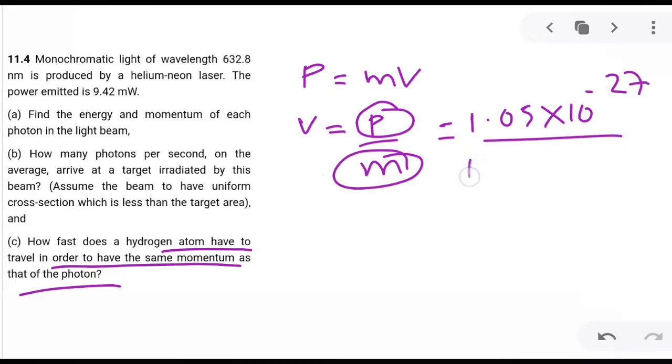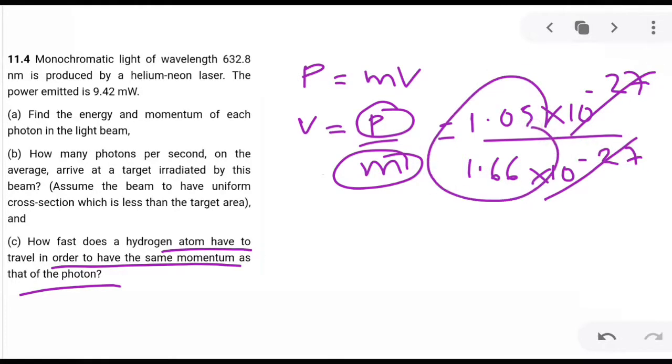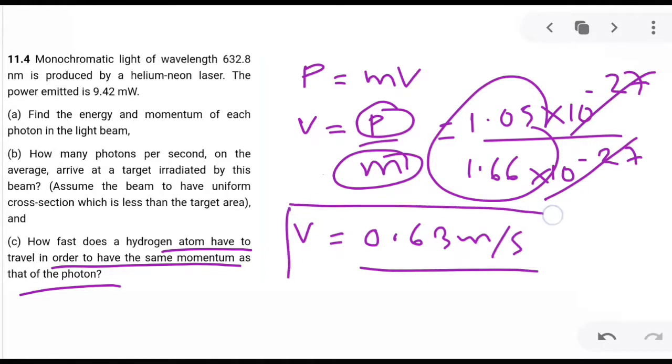Mass of hydrogen is 1.66 into 10 power minus 27. So this gets cancelled, and V is equal to 0.63 meter per second. So the hydrogen atom must move with the speed of 0.63 meter per second to have the same momentum as the photon. This is the answer to part C.